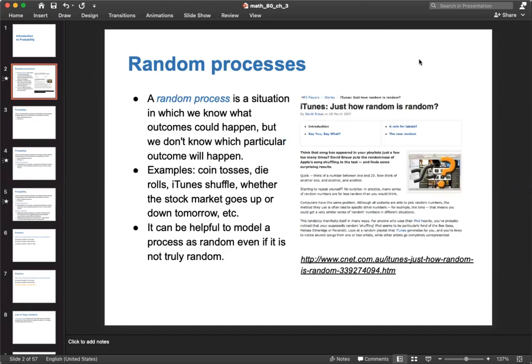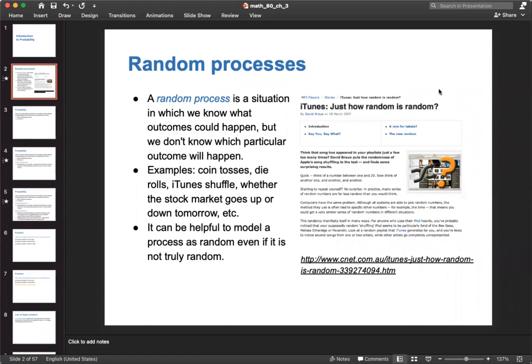Okay, so a random process. What is a random process, right? Well, we have the definition written down. Basically it's a situation where we know which outcomes could happen, but we don't know exactly which one is going to happen.